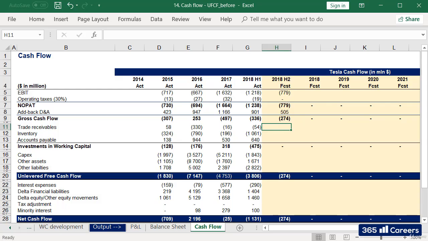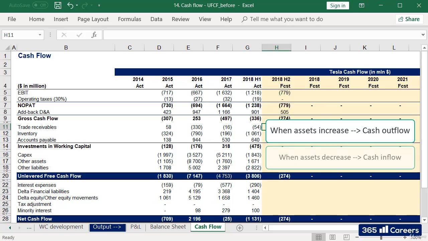Perfect. My next task would be to calculate working capital investments, the cash impact of trade receivables, inventory, and trade payable. In general, we know that when assets increase, this represents a cash outflow. We invested to acquire the asset. At the same time, if an asset decreases, then this is a cash inflow, as if we sold the asset and received money for it.